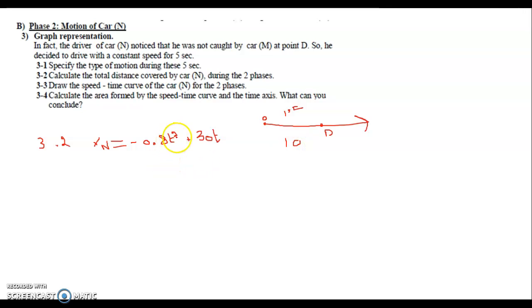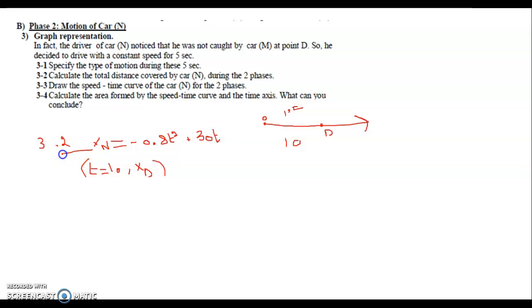Now if I substitute in the position time equation of N, for t equal 10 seconds, N reaches D, so xn is xd.